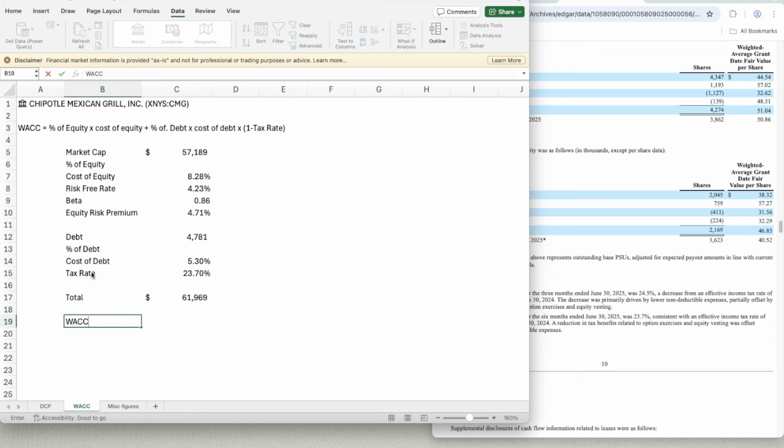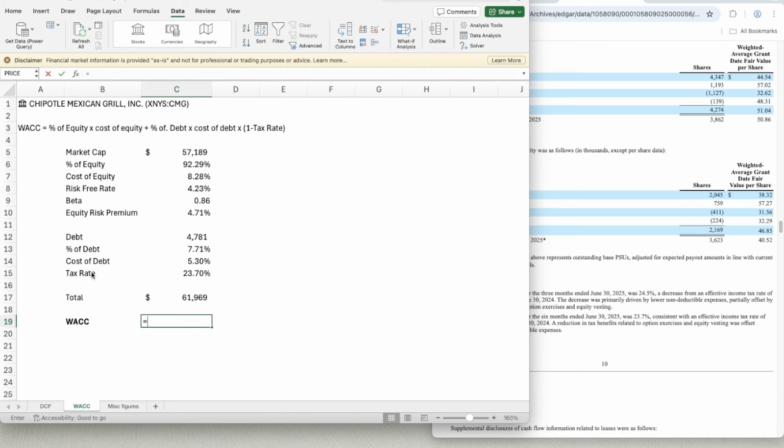And so the WACC, if we remember what that is... actually, no, because we need to know the percentage of debt, which is the debt divided by the total, and that gives us 7.71%. We do the same with the market cap to work out the percentage of equity, and that's 92%.